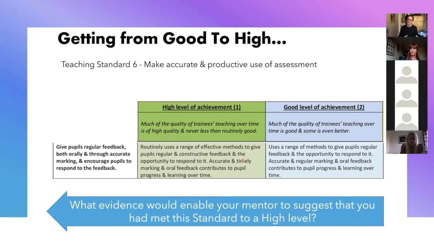But what I would want to see you do is a little bit more of the use of, I don't know, mini whiteboards to do that immediate assessment of pupil understanding and application of the skills you've been teaching them, and see you responding to that in a way that illustrates you're really taking account of what they're showing you. You're not just doing it for the sake of doing it, you're making use of that assessment in order to give them appropriate feedback.